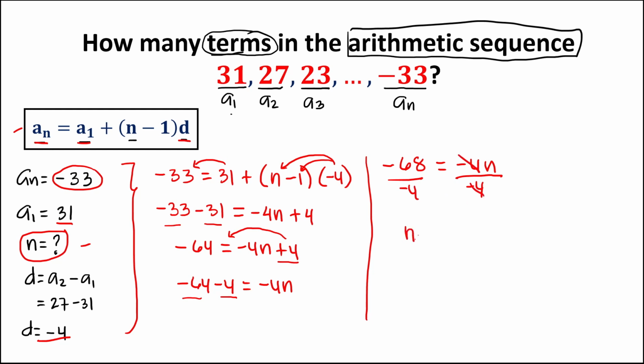Therefore n equals, negative divided by negative is positive, and 68 divided by 4 is equal to 17. So therefore the given sequence has 17 terms.